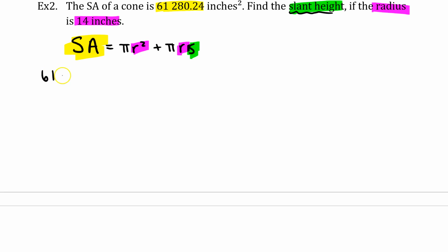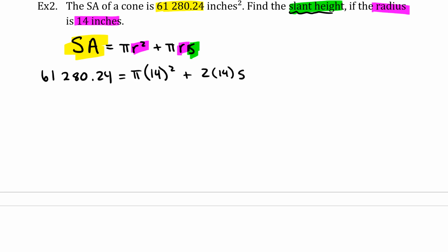61,280.24 equals pi times radius squared, so that's 14 squared, plus pi times the radius, which is 14, times the slant height.